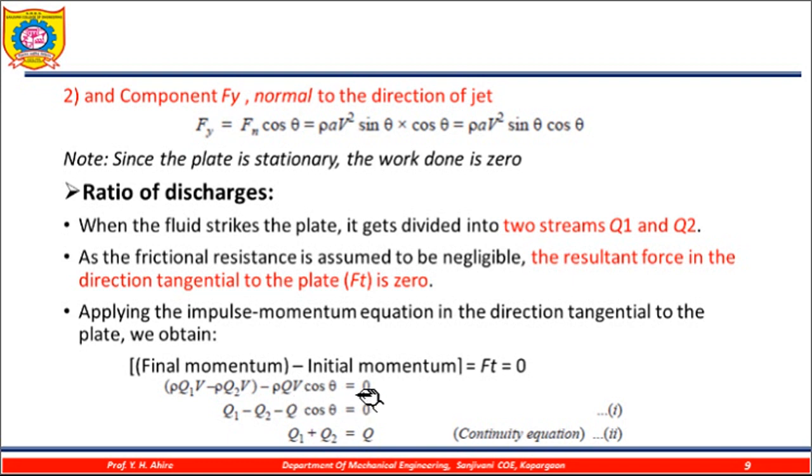The entire equation is equal to 0 because Ft is 0. Simplifying, we have Q1 minus Q2 minus Q cos theta is equal to 0.